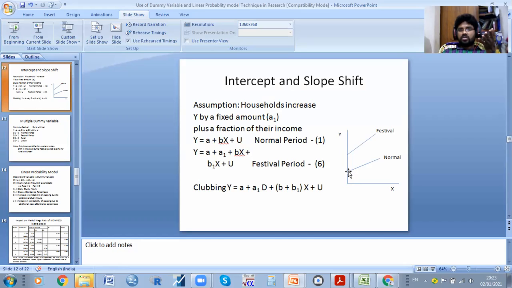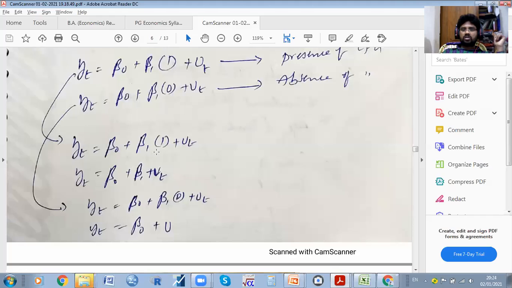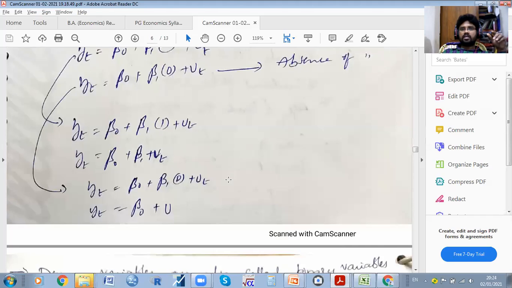So, in order to know whether the festival has an impact on expenditure on cloth, the dummy shows this much difference from this curve to this one. So there is an impact of festival on expenditure on cloth. I hope you understood this equation very easily.